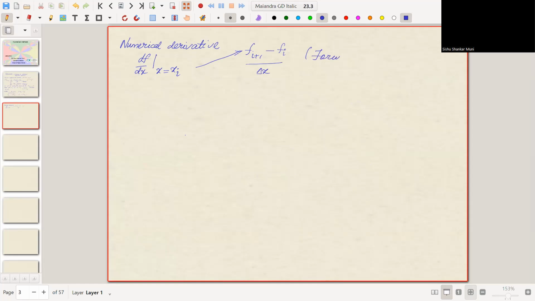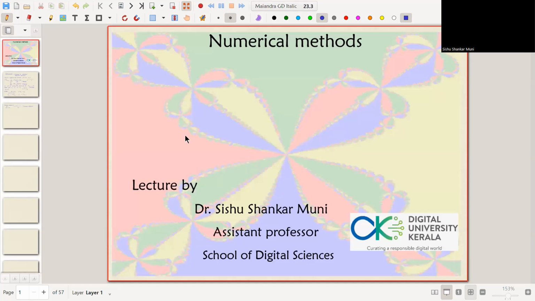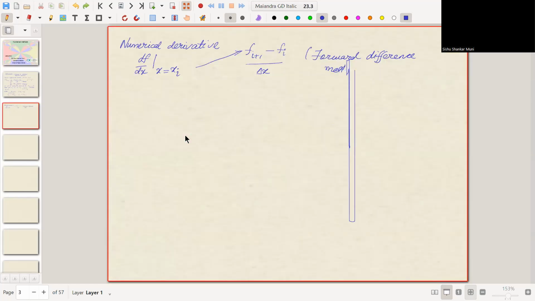We are taking the forward difference, so it is known as the forward difference method.